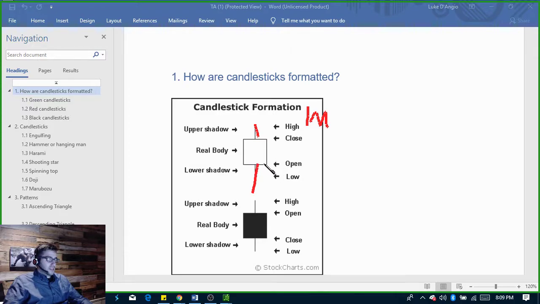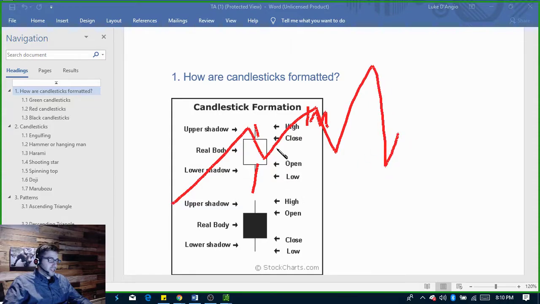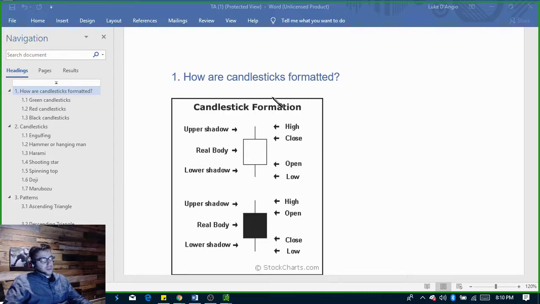This is where the stock opened, this is where it closed, and this is where it went within that minute, and that's actually very important. A regular line graph does not give you as much information as a candlestick may. So that's basically a green candle, and then this would be a red candle or a filled candle.